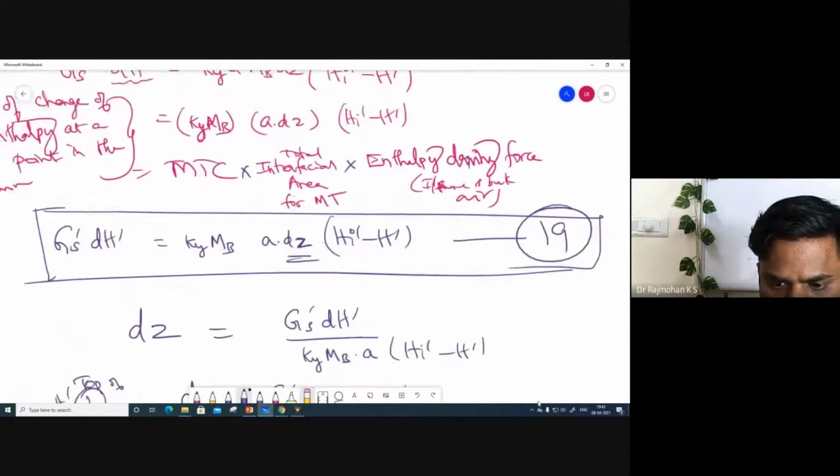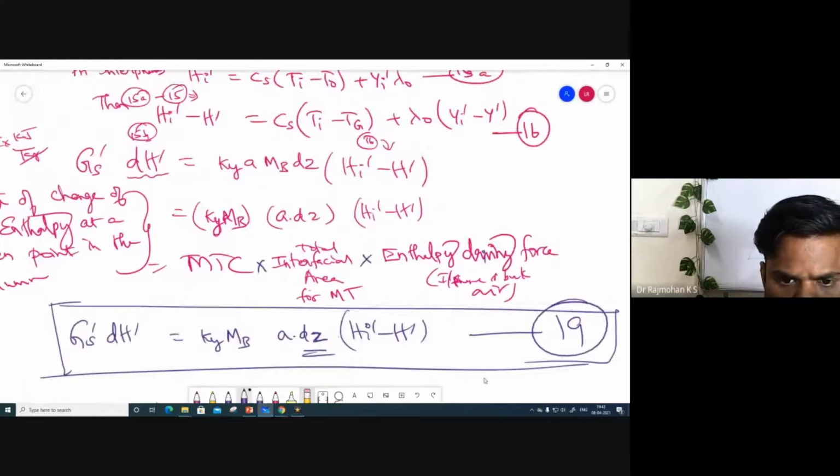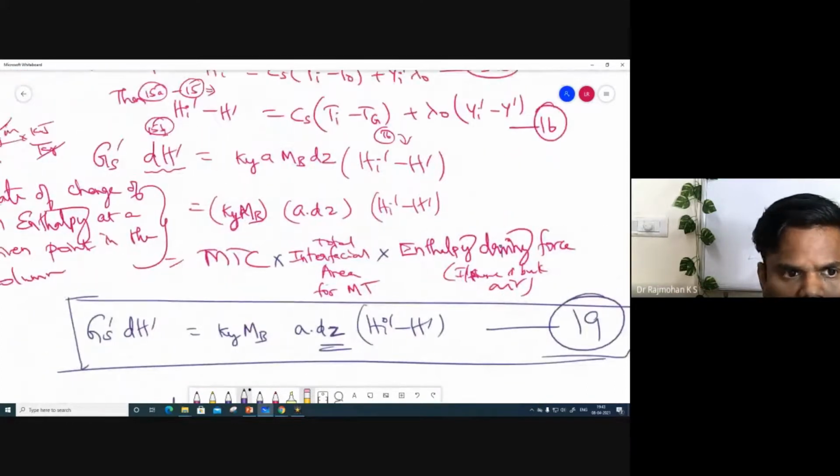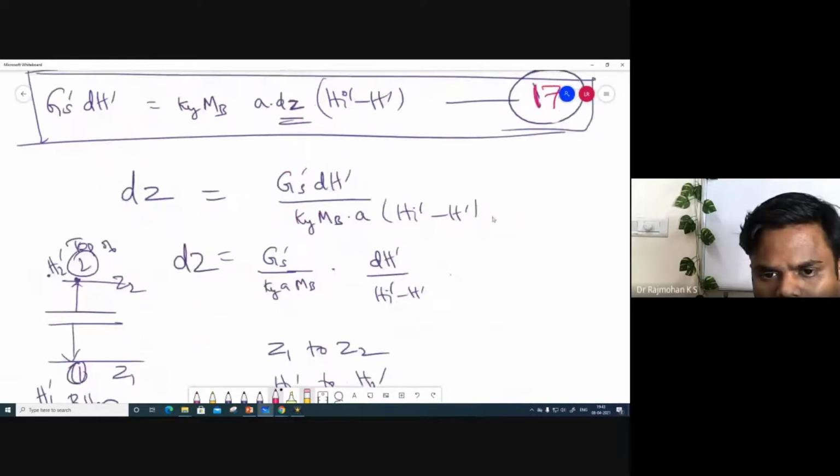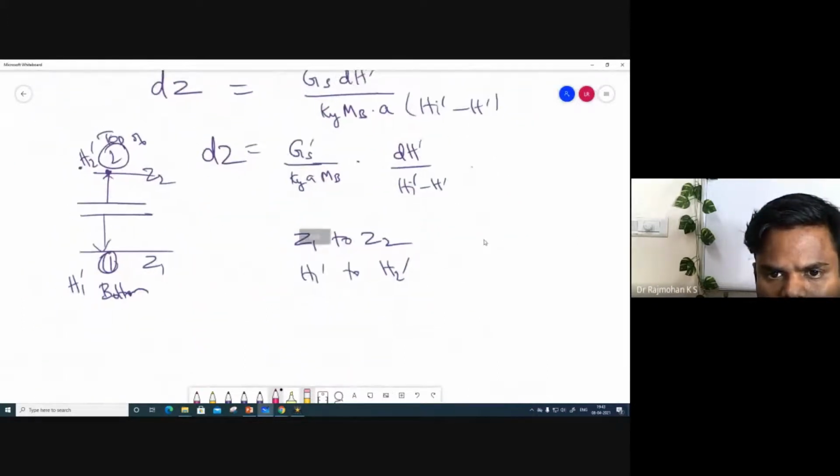Let it be 18, sorry, we already have 19. No, after 16 it is 17. You can give your own numbering, just following mine. So this is equation number 17.